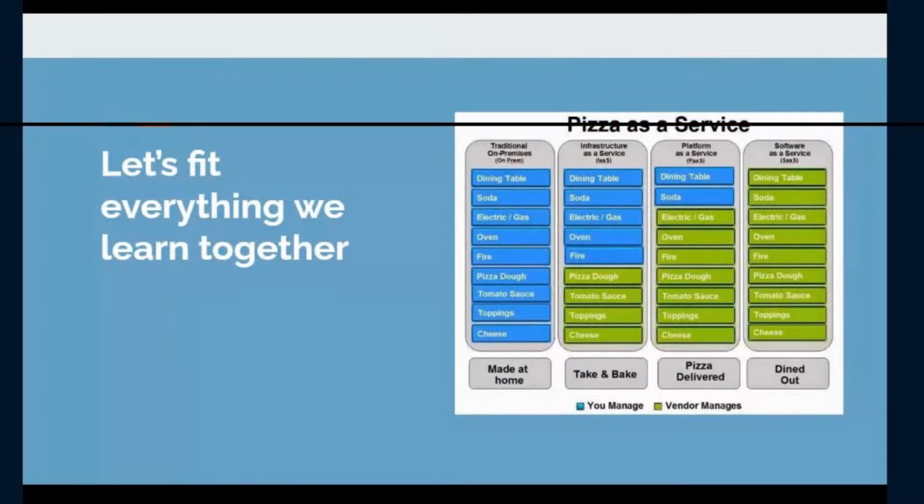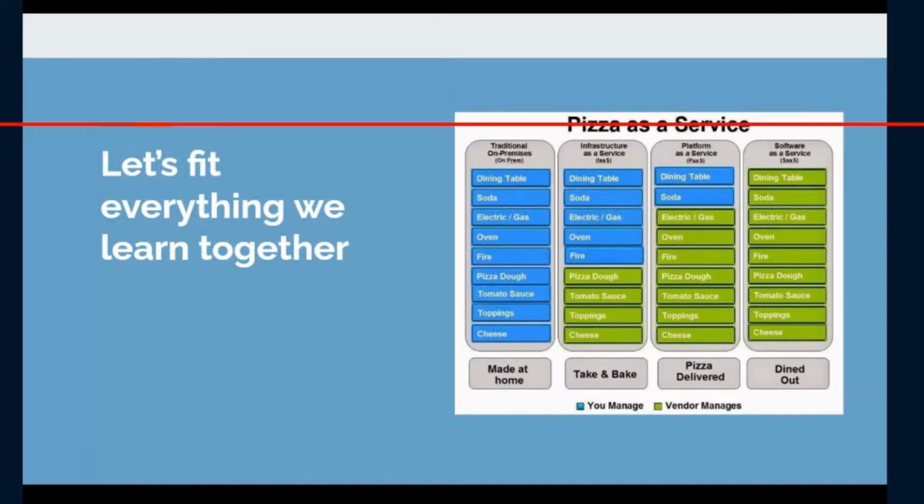To cook pizza at home, you need a place to cook it, a dining table, soda, electric gas, electric fire, pizza dough, tomato sauce, cheese, and so forth. This is the traditional on-premises.